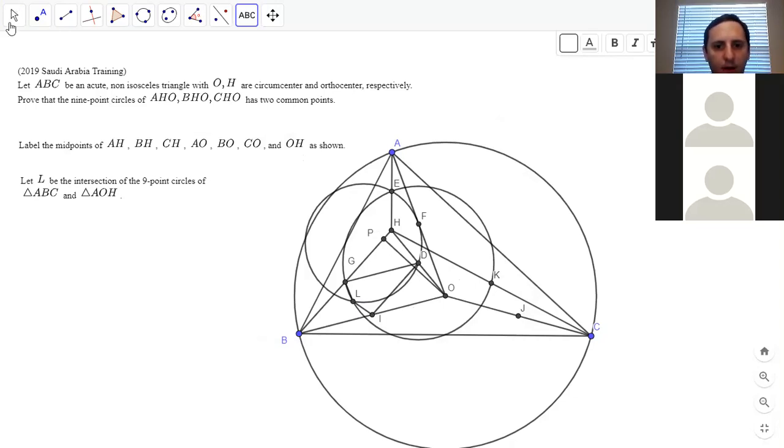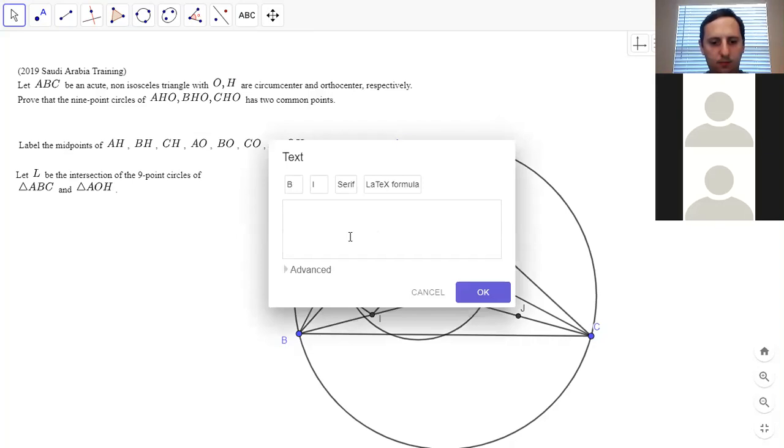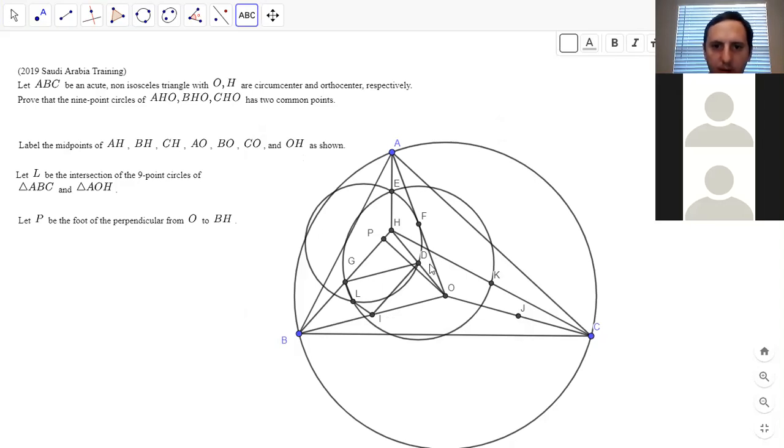So first I'm going to say let P be the foot of the perpendicular from O to BH. Then DPGI is cyclic.